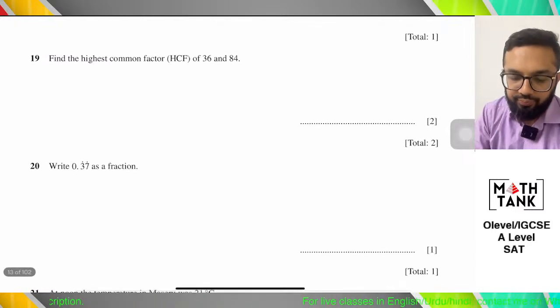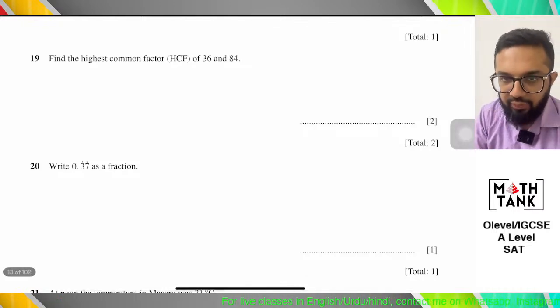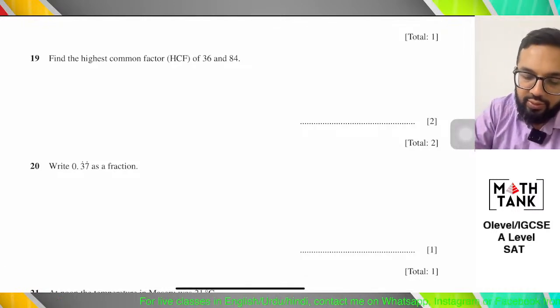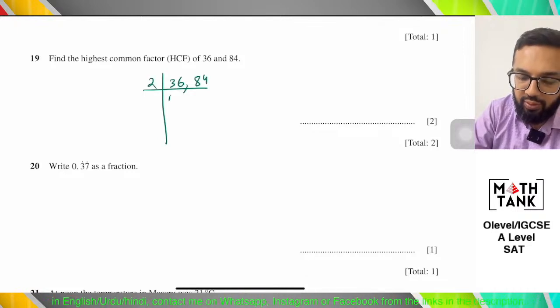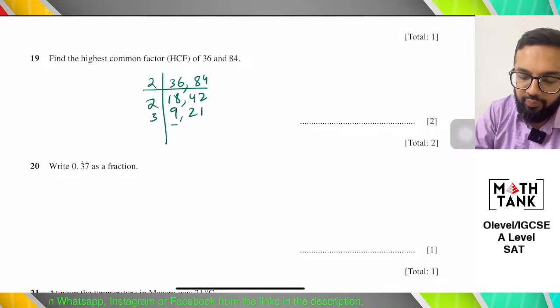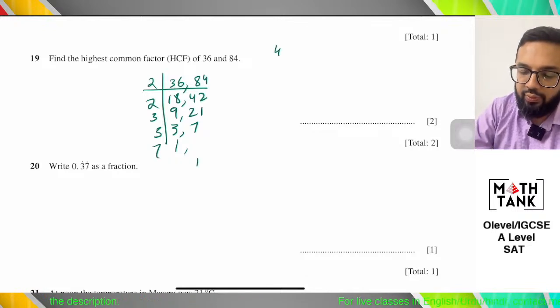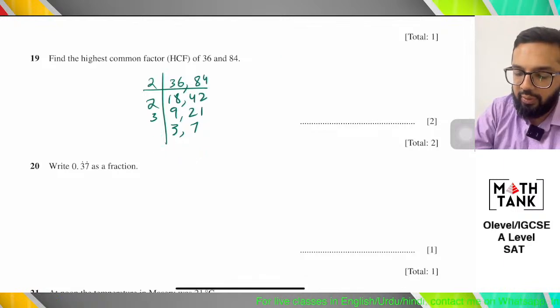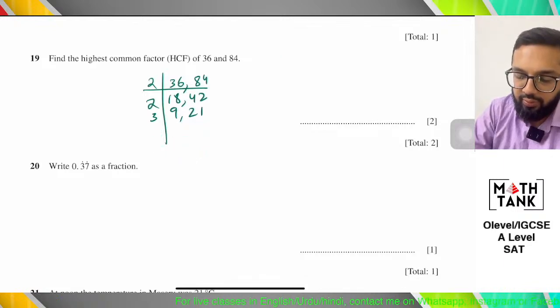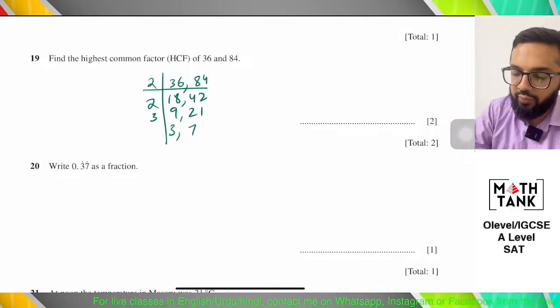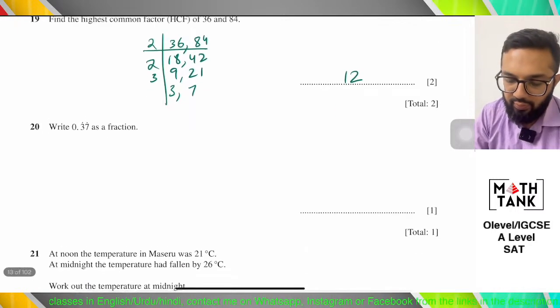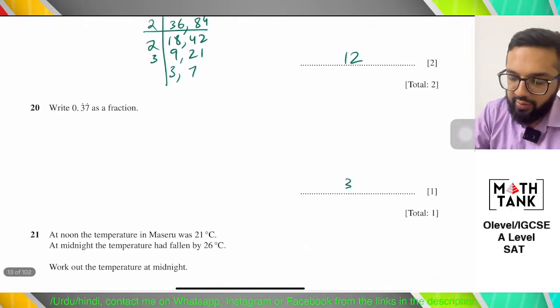Okay, it says find the highest common factor of 36 and 84. 36 and 84, let's divide by 2 first. 9. Okay, yeah, my bad. So 4 into 3, 12. That would be 37 over 99.